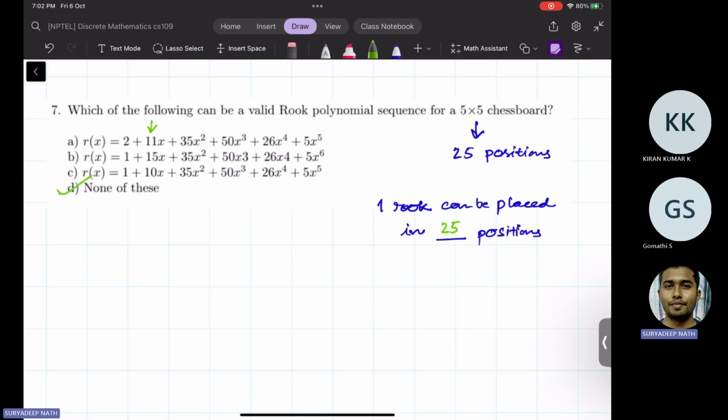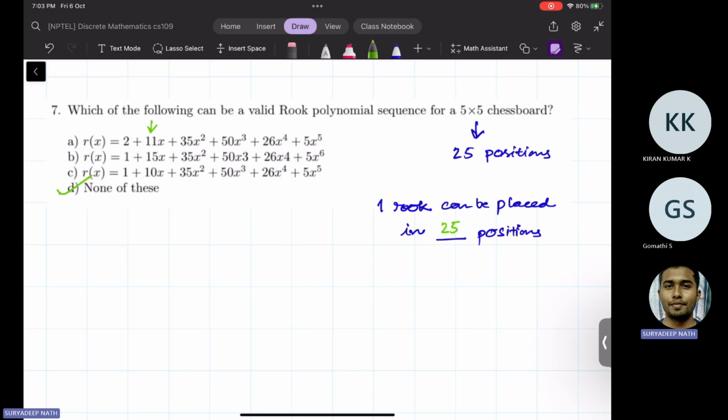This question does not actually find the entire Rook polynomial, but it eliminates the options which cannot be a valid Rook polynomial for a 5 cross 5 chessboard. To actually find it for a 5 cross 5 chessboard would be much more extensive, so you can try it out on your own.